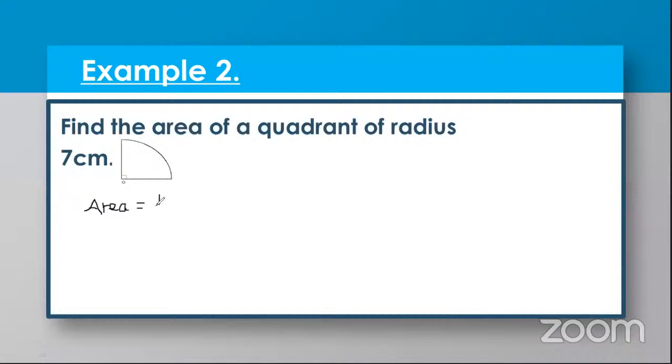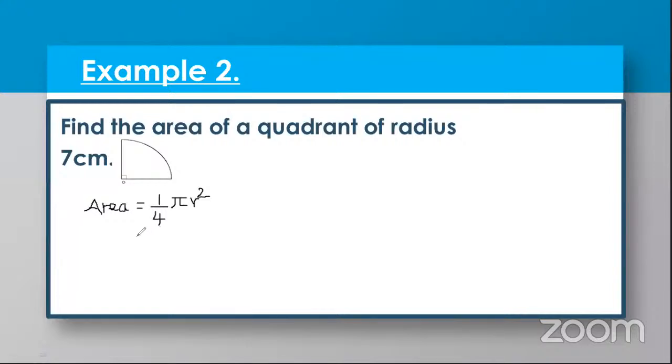You should know the reason why you are using a quarter. Why are you using a quarter? And the other one, why did you use a half? In the first number, we use the half because the other one is a half of a circle. Are you getting? Yes. Now here we are using a quarter because this is a quarter of a circle. Then you can go ahead.